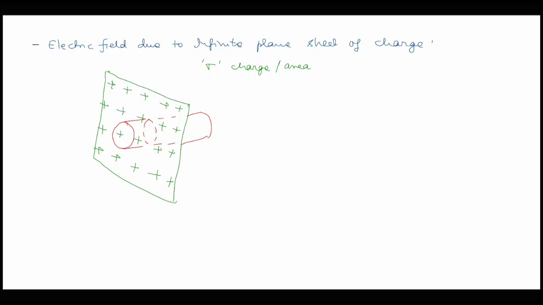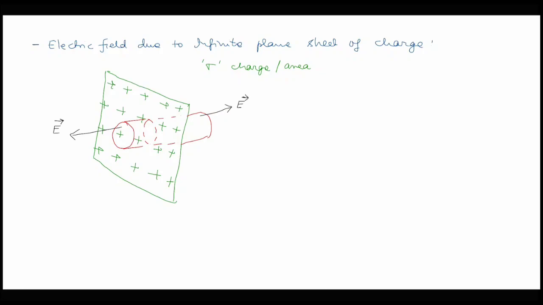Now since this sheet is infinitely large, somewhere at the center of the sheet, the electric field due to the positive charge will be directed away, that is in this direction. So the direction of electric field is E vector along this, and from the back surface also it will be E vector, that is directed away from the positive charge.